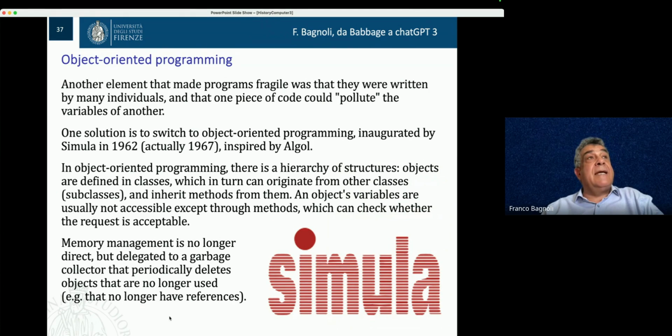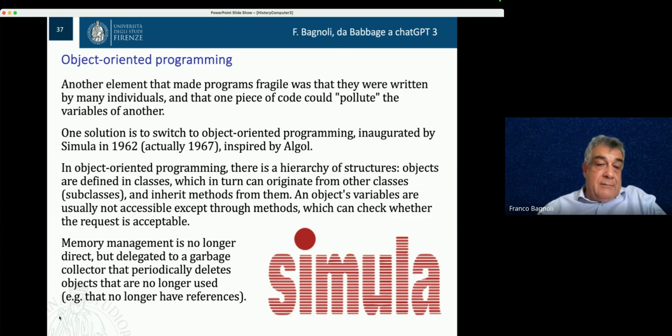Clearly, the other aspect of this is that you instantiate an object, but you don't want to keep track of whether this object is still needed, and in case it is not needed, to release the memory allocated for it.